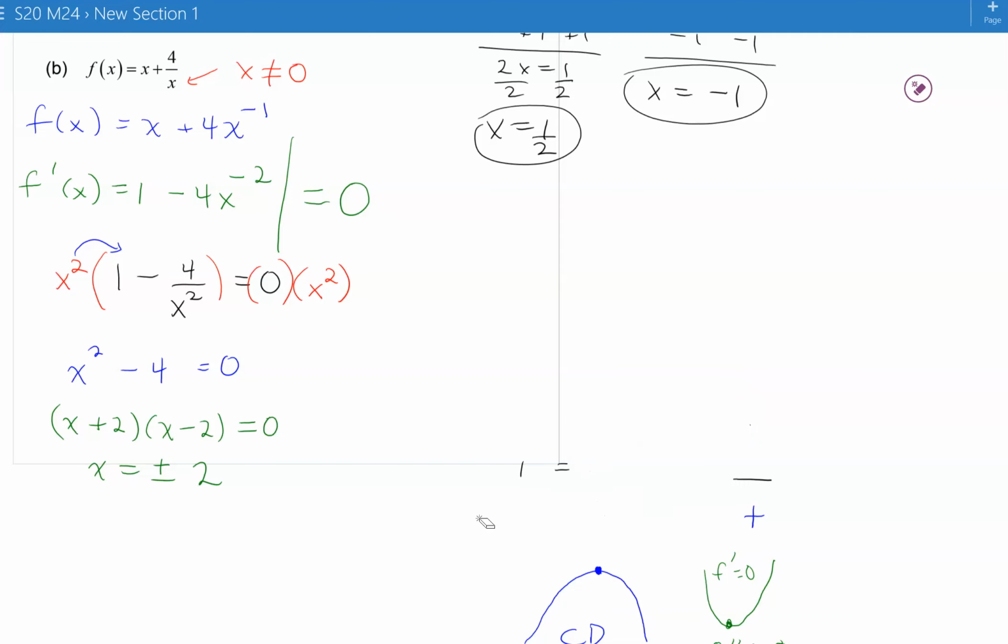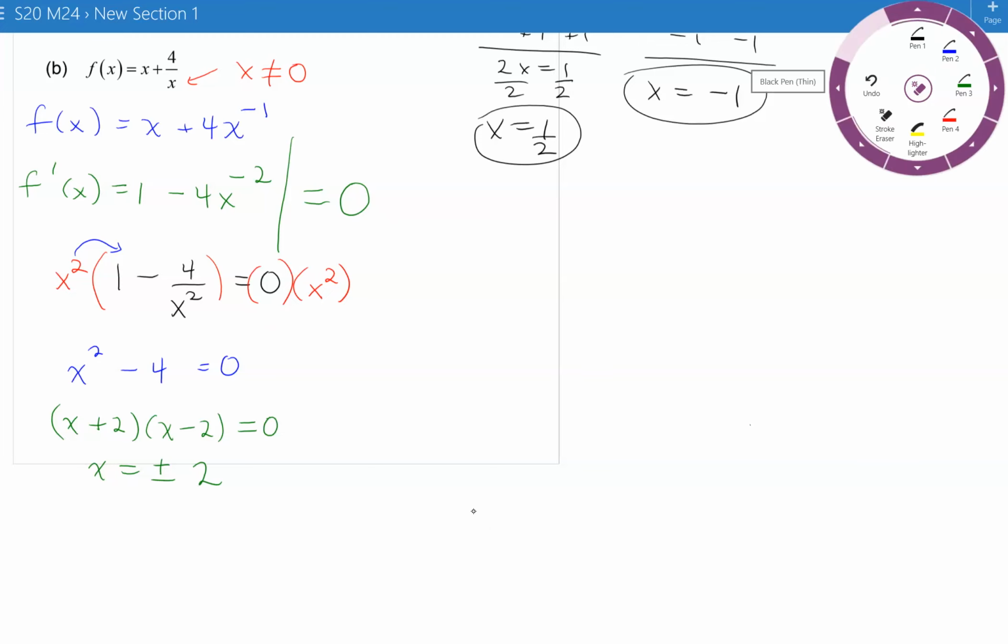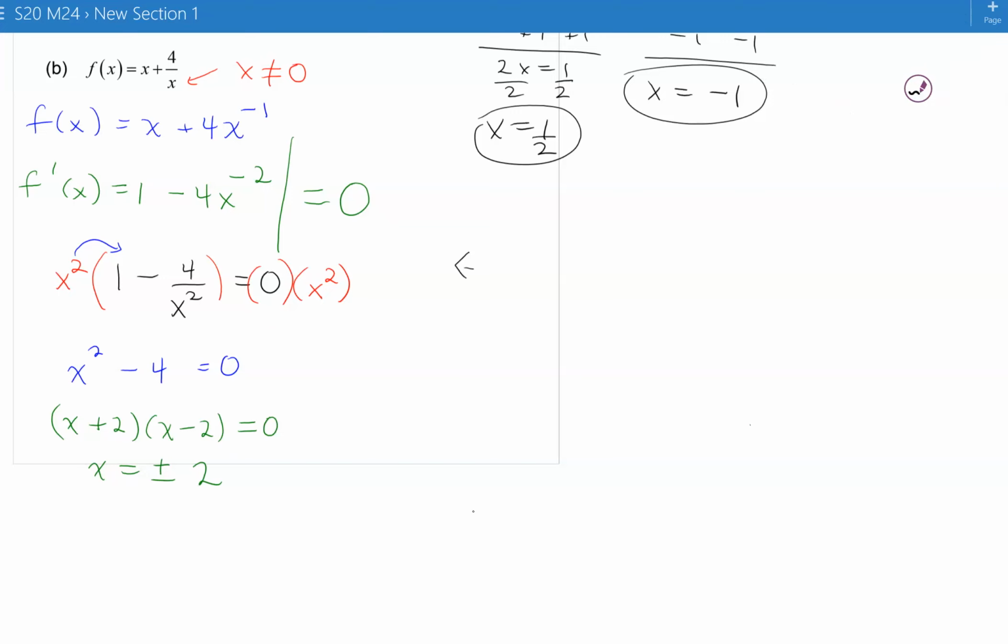So hopefully you're seeing how dangerous it might have been to solve and say x squared is 4, and so x is 2. As soon as you're missing one of your critical values, this process is not going to work for you. Okay, so we have two critical values, -2 and 2, and these are x values. And our first derivative is 0 here.